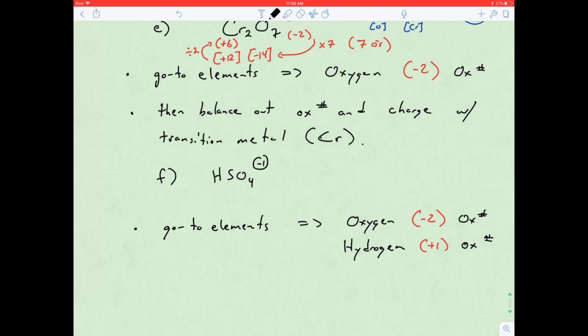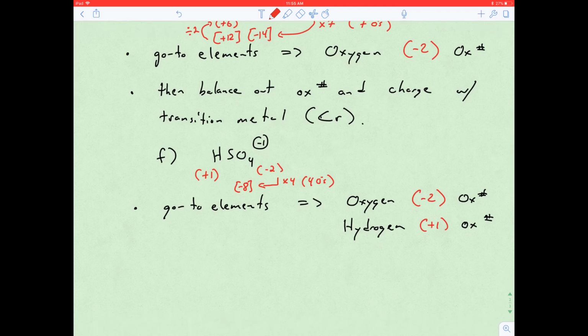So if I take those two and put them into the formula at the top here, the hydrogen would be +1, the oxygens would be -2, giving us a total from the oxygens of -8, because there are 4 of those oxygens there. That means I have to have sulfur of a particular charge, and the particular charge that it would have would be a +6 oxidation state.